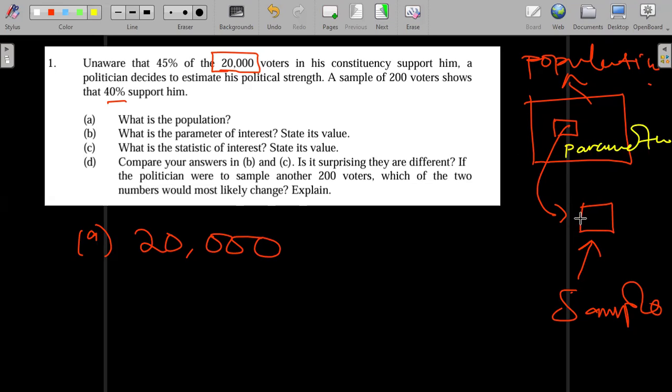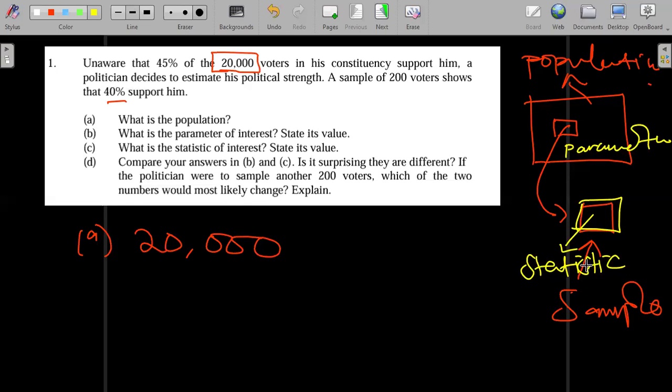And if I have a sample, the characteristics that describe this sample, we call it a statistic. Anything that describes something about the sample, we're going to call a statistic.